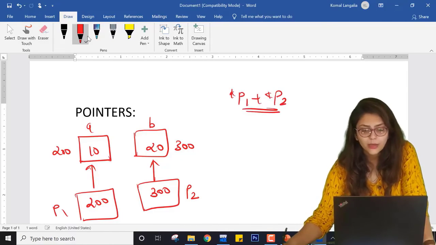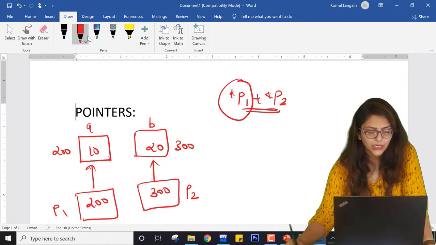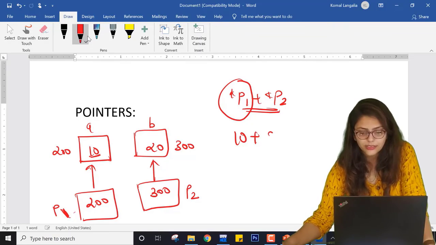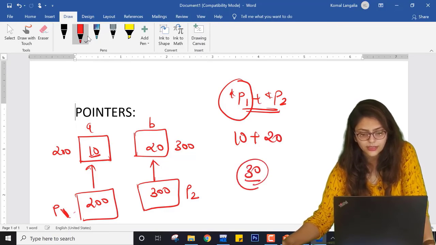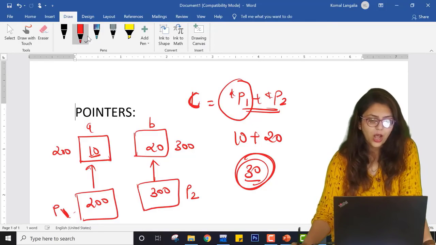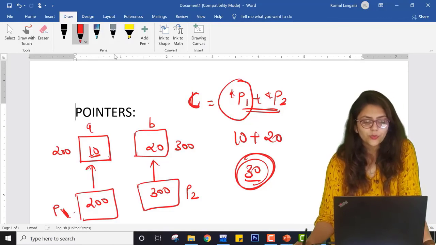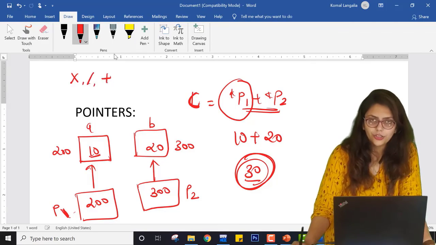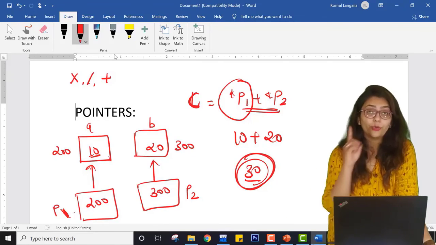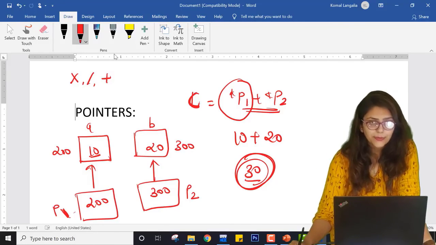This is allowed. Why? Because star P means the value pointed by P. The value pointed by P1 is nothing but this 10, so this is 10 plus 20, which is 30. You can also assign c equal to value pointed by P1 plus value pointed by P2. The operations not allowed on pointers are multiplication, division, and addition. You cannot add two pointers, multiply two pointers, or divide two pointers, but you can subtract pointers, P1 minus P2.